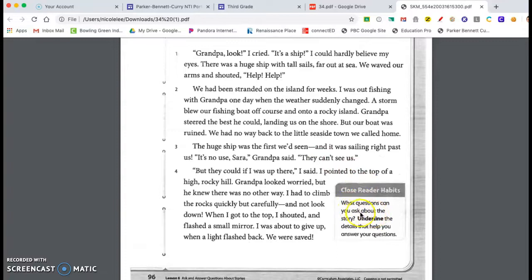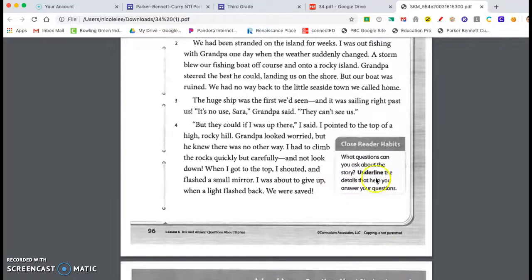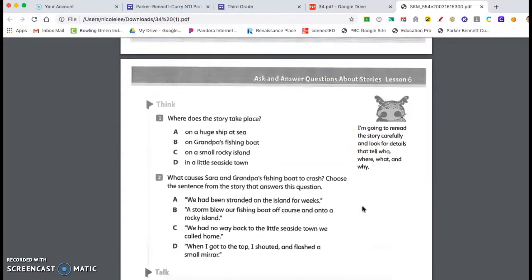What questions can you ask about the story? Remember to underline the details that help you to answer questions. And then here you start with the think portion. It asks you a question and you choose the correct answer. Remember to go back and look carefully in the story for the correct answer.